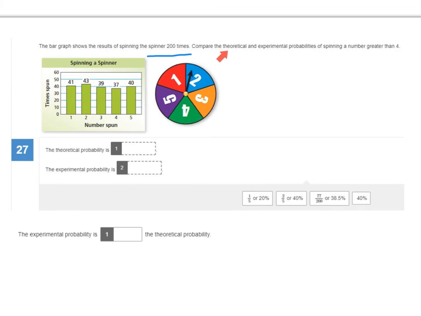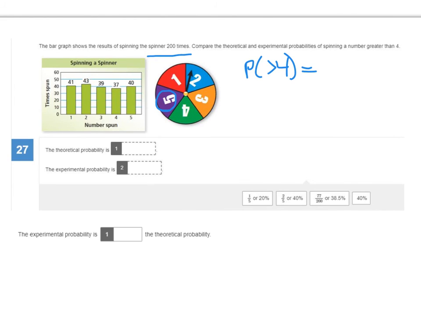It says compare the theoretical and the experimental probabilities of spinning a number greater than 4. So theoretical means just based on this spinner, how many outcomes are there that would be greater than 4? Well, the outcomes that would be greater than 4 would just be if you spun a 5.